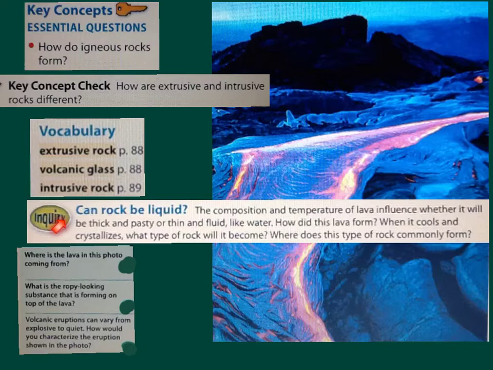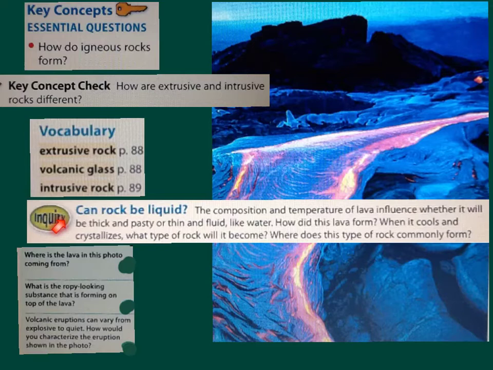Well, the lava in this picture formed from a relatively thin and runny type of magma called mafic. Mafic is a type of magma. This lava will cool and harden to form a rock called basalt. Basalt is the black rock substance that you see all around where the magma has come down and hardened.